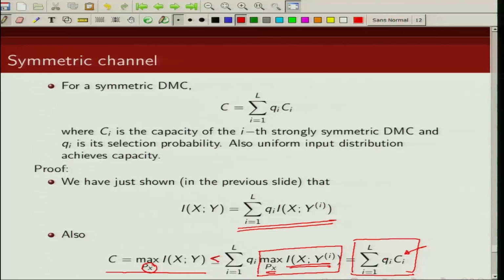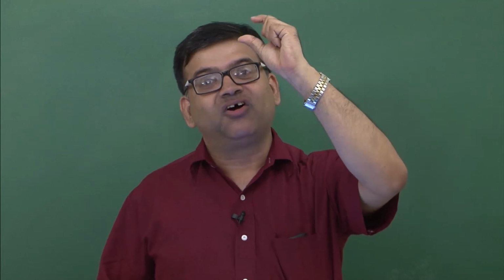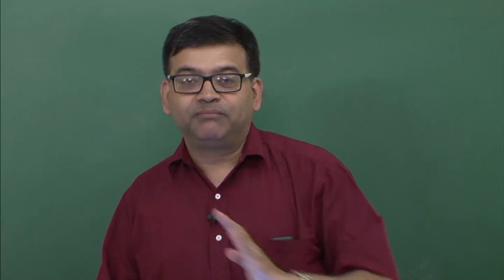So again I repeat, the input distribution that maximizes this for the ith channel is the same whether I consider the ith channel or the jth channel, because it is the uniform input distribution that will achieve capacity.